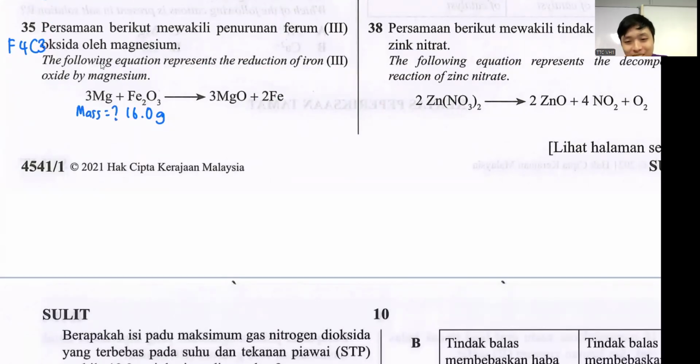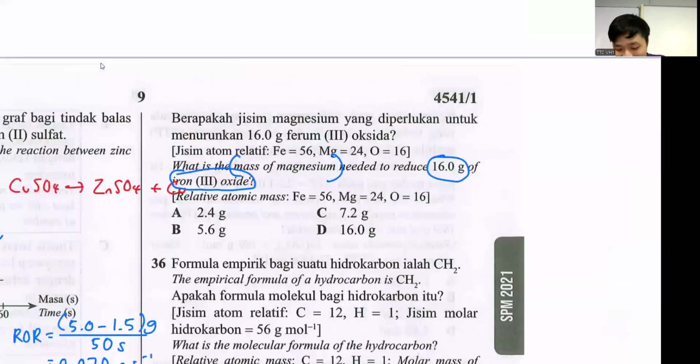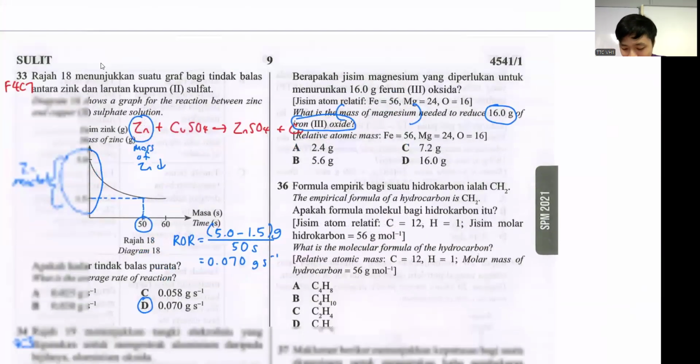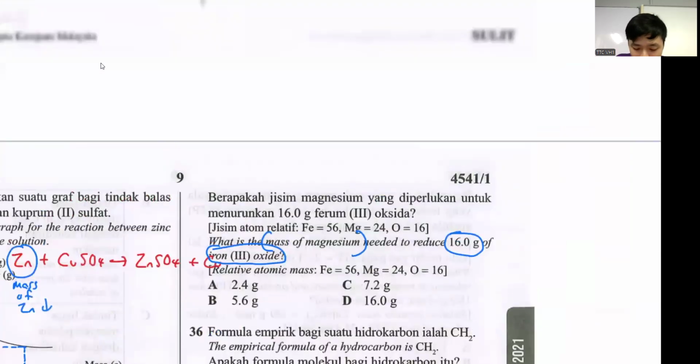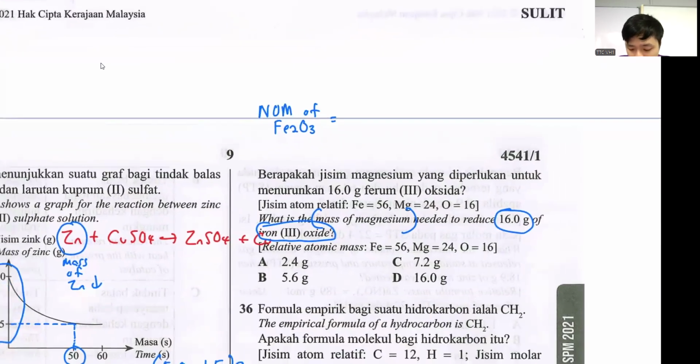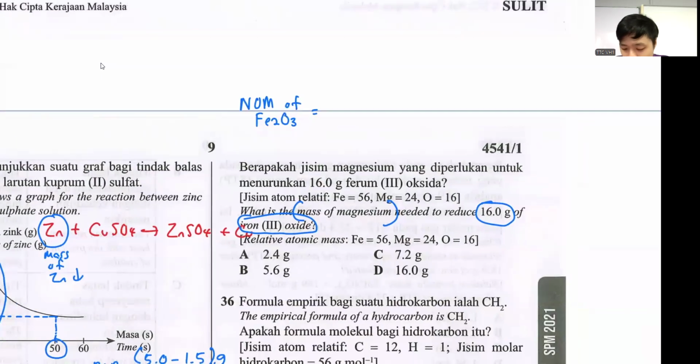Again, the same thing: number of mole, ratio, mass. So the first step, number of mole of iron trioxide. Use the formula, number of mole equals mass over molar mass. Mass is 16 gram.